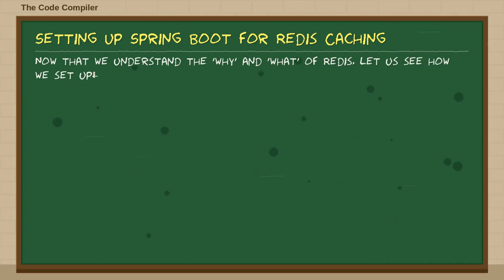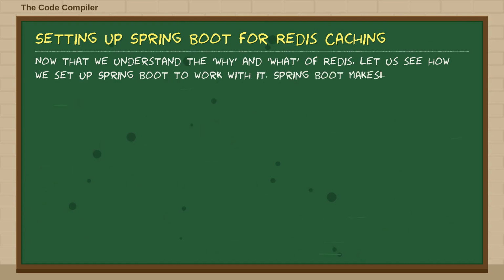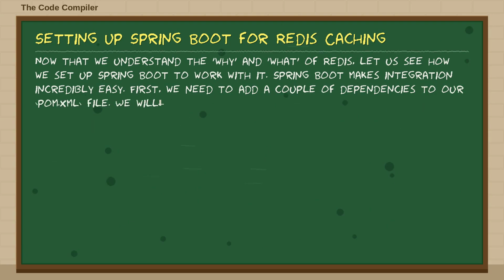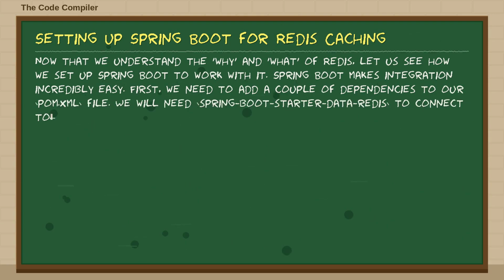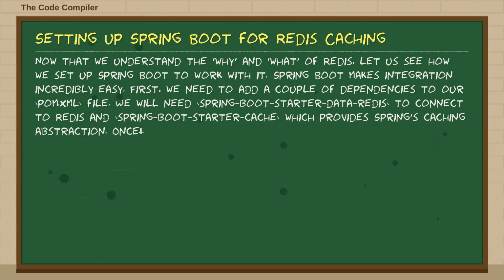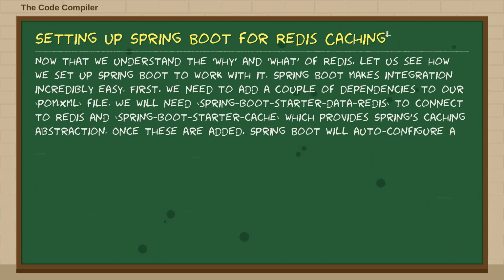Spring Boot makes integration incredibly easy. First, we need to add a couple of dependencies to our pom.xml file. We will need Spring Boot Starter Data Redis to connect to Redis and Spring Boot Starter Cache, which provides Spring's caching abstraction. Once these are added, Spring Boot will auto-configure a Redis connection for us.